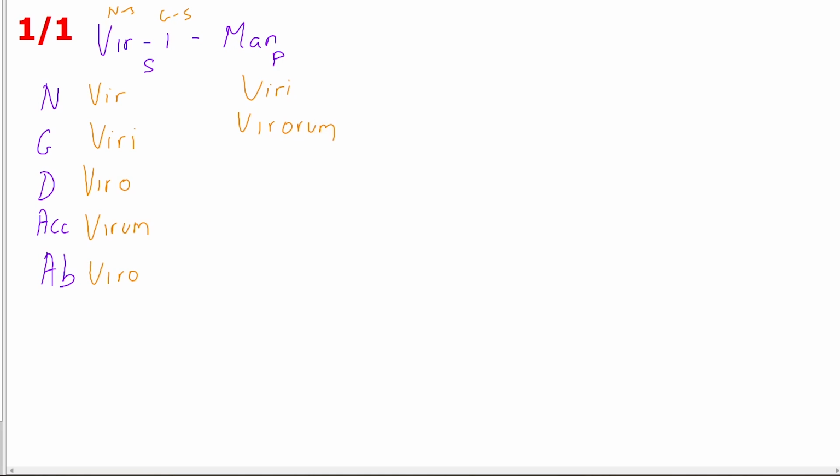Then you have dative plural ending with is, viris, accusative plural viros, and ablative plural viris. So once again we see the same endings are there. So the only clue that it belongs to the second declension will be vir, viri.